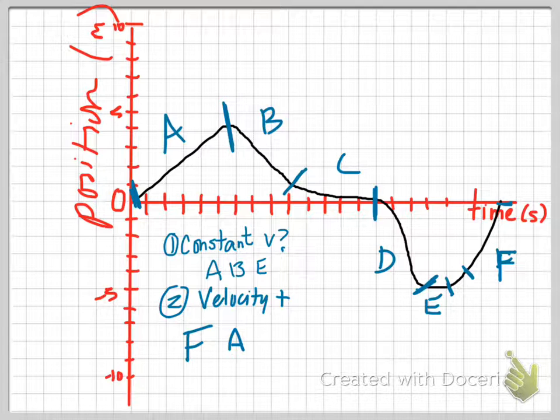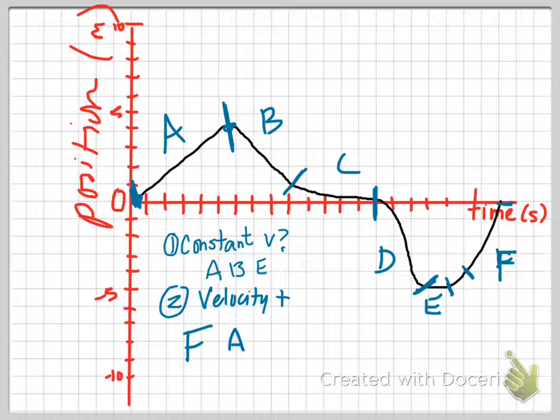So, let's talk about why velocity is positive here. The velocity is final position minus initial position over final time minus initial time. Well, that's also rise over run: final y-axis position minus initial. Let's make up some coordinates.